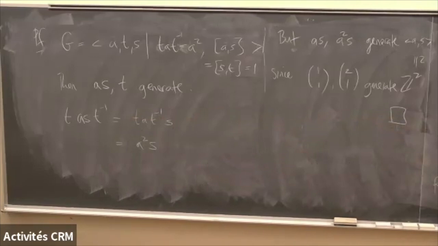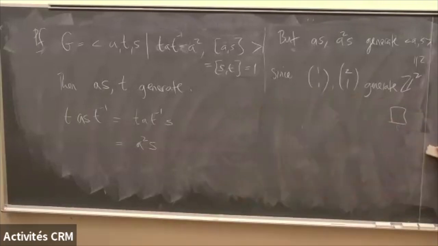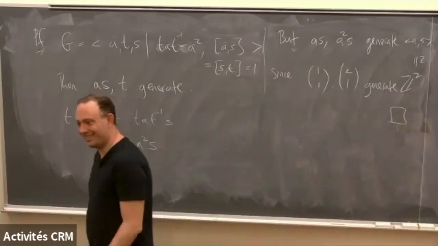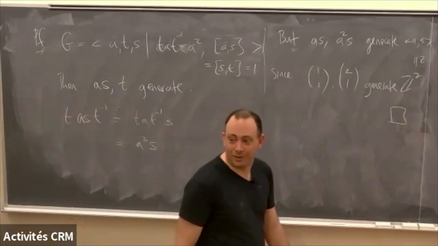If I do Z mod 3Z times Z mod 5Z, then that's also rank 1 because it's cyclic again, right? So there exists a finitely generated group G such that G is isomorphic to G times G. Well, yeah. Right.